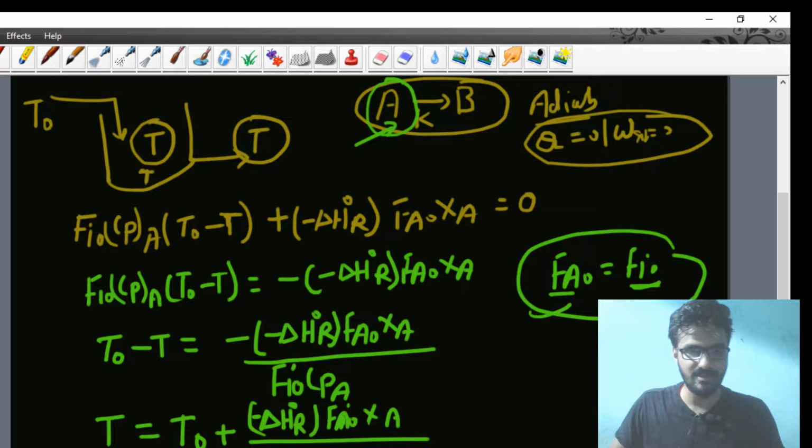Now try to understand, sometimes they give a graphical question, so that you don't get stuck there, that's why I am discussing it here also.